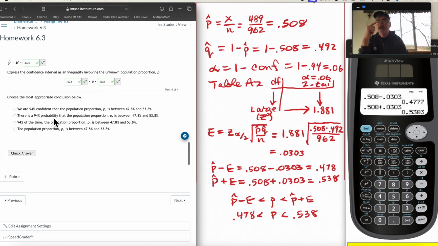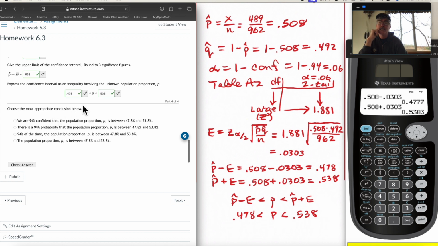Okay. And then the conclusion, we always talk about how confident we are. It's not a probability statement. Probability statements are for things that have not occurred yet, basically. And this population proportion already exists. It's either between these two numbers or not. It's not something that will happen or may happen.